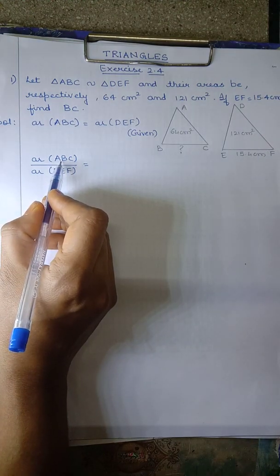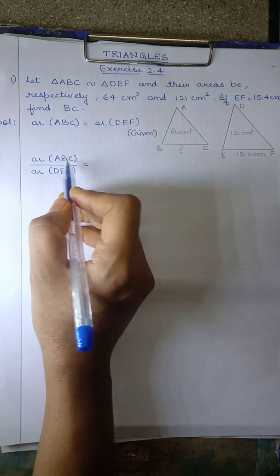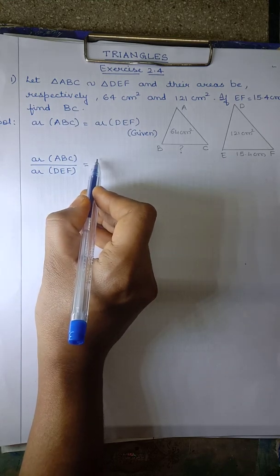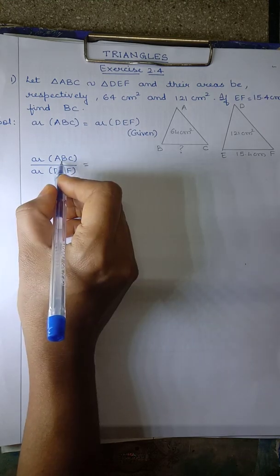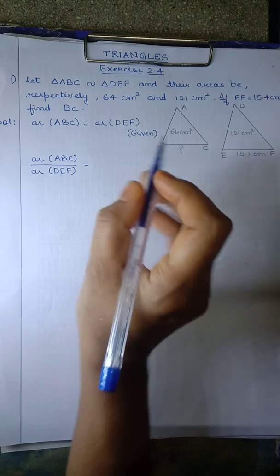Now we have written triangle ABC in the numerator, so take the side of ABC only in the numerator. Okay, don't interchange. ABC means first you have to write the side of triangle ABC itself.